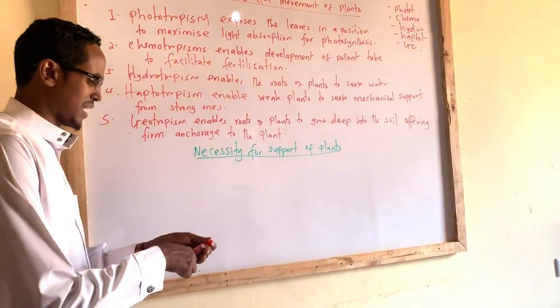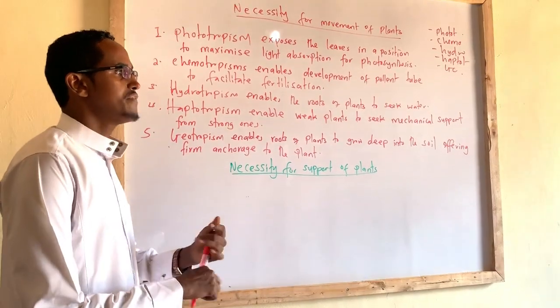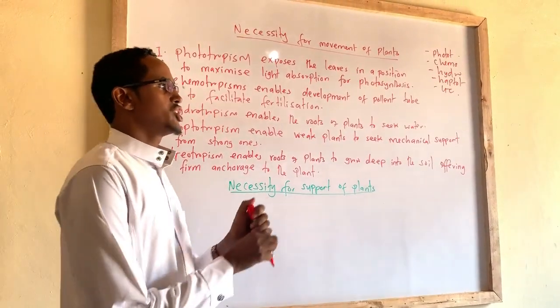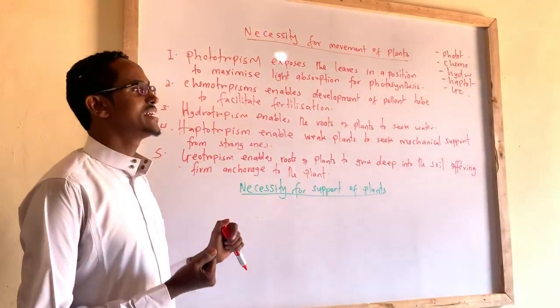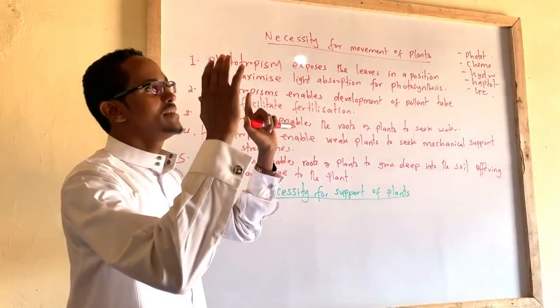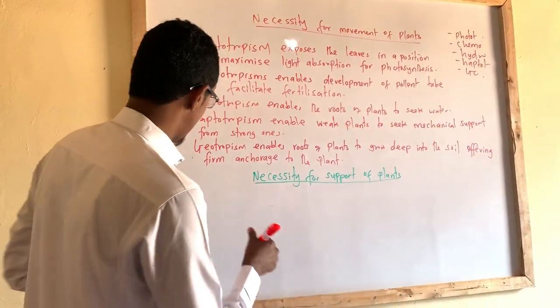Necessity for support of plants. Plants also enjoy support. They have a rigid framework that ensures their erect position, that enables plants to carry their own weight, and that also ensures that they maintain their body form and body shape. So, necessity for support of plants. 1.